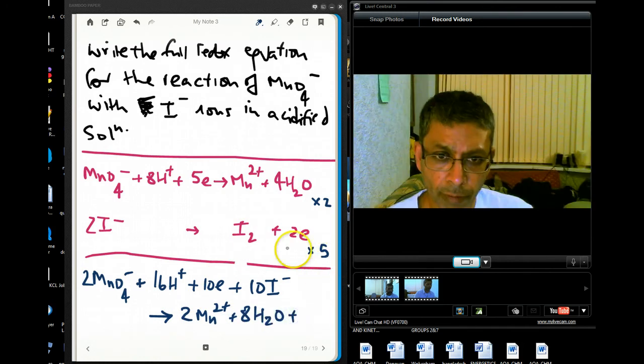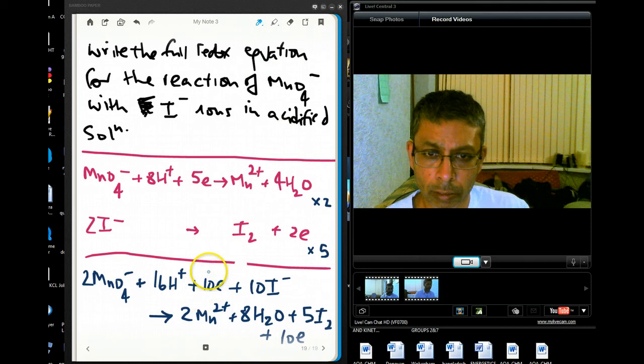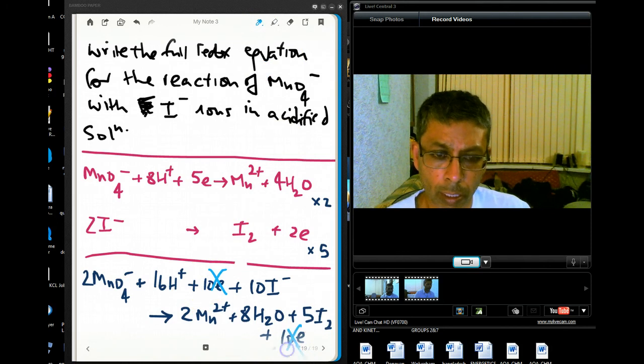And then 5 times iodine and 5 times the 2 electrons. So 5 iodine and 10 electrons. And you notice that the electrons cancel there and there, and then you have your full redox equation.